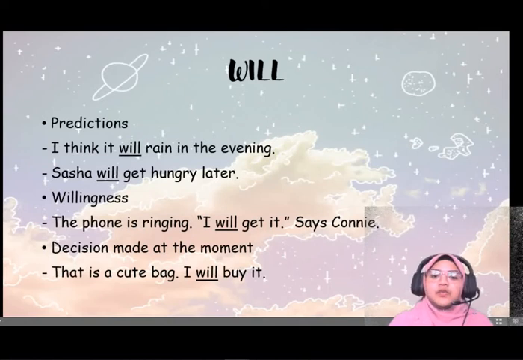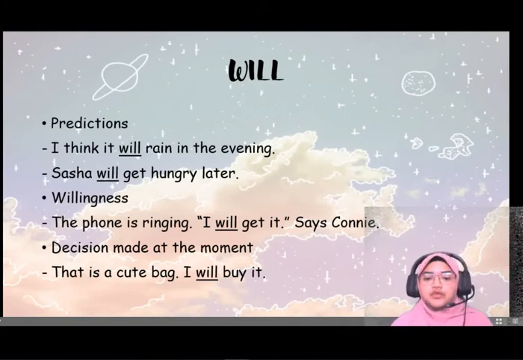Next is using will to express willingness. For example, this is a situation. The phone is ringing. I will get it, says Connie. So when using will in this sentence, it means that the person volunteers themselves to do the action. And lastly, will is used to express a decision made at the moment.